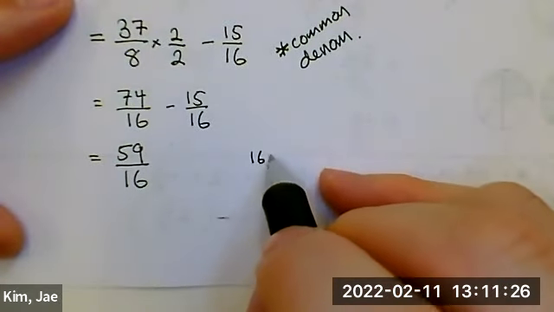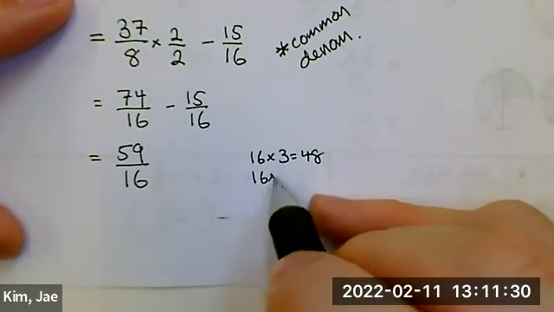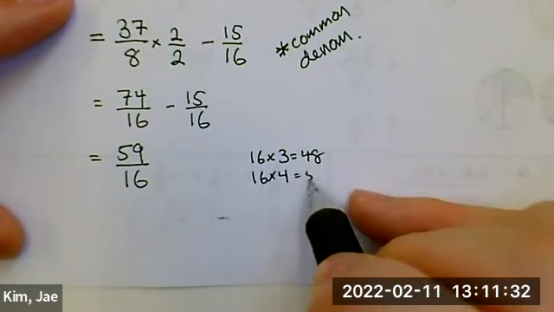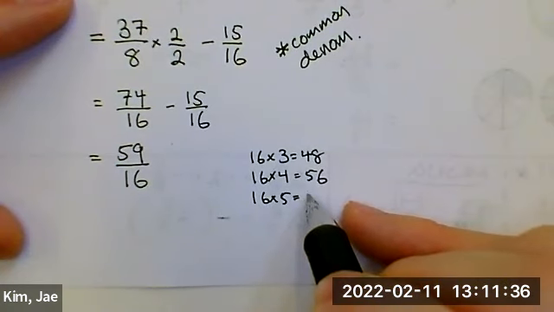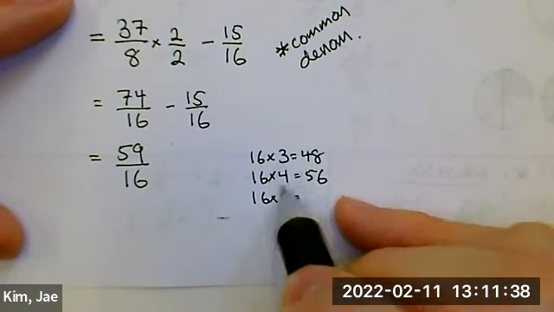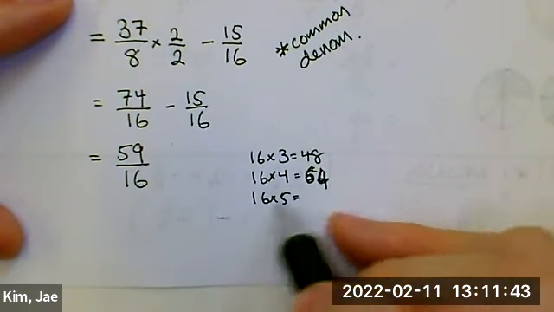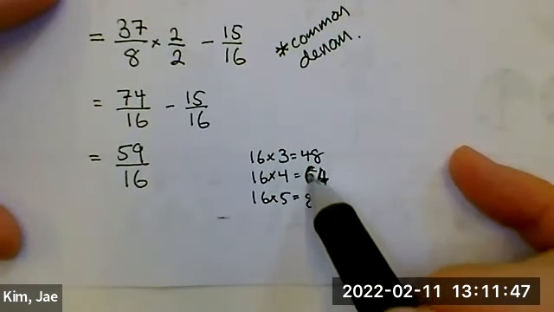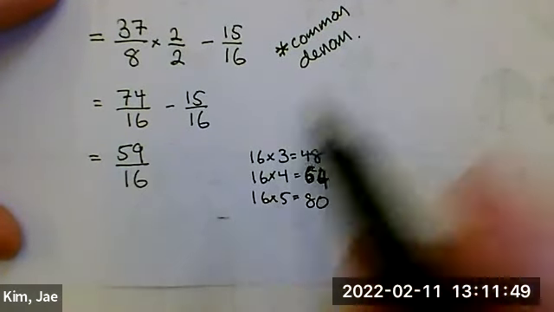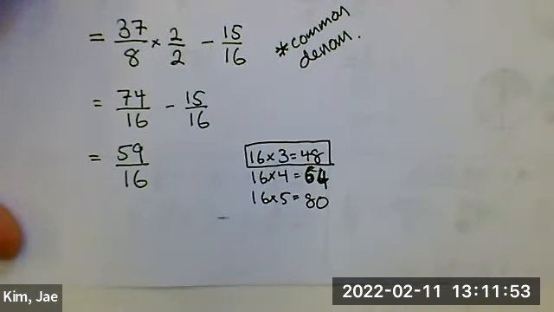So 16 times 3 is 48, and then 16 times 4 is 64, sorry. And 16 times 5 is 80. So I don't have to do this. 64 is already way too big, which means I can only have 3 wholes.